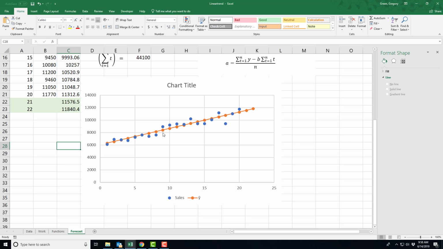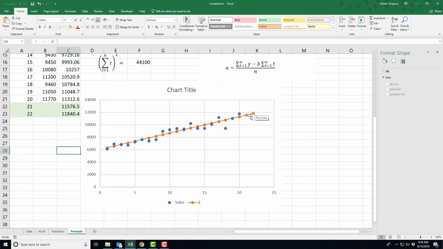My forecast is this orange or rust looking line, and the blue dots are the actual measurements. So my forecast is not too bad. Remember, the vertical distance between each dot and the line is the error that occurred in that time period. Also note that I have 2 data points out here outside the time period, so I am doing a forecast outside of my data set, and eventually we'll have to talk about how good that forecast is.